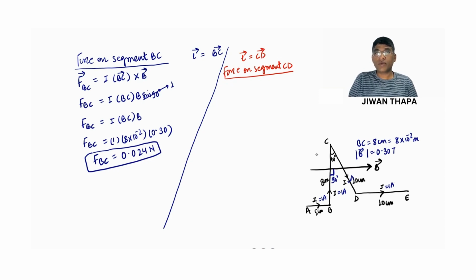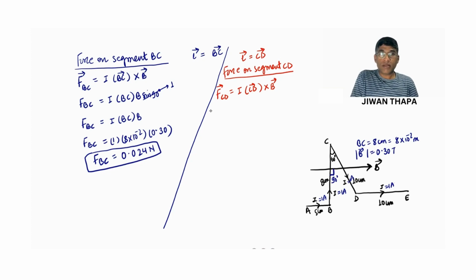Therefore, force on segment CD equals current and vector CD cross product, and we have magnetic field.